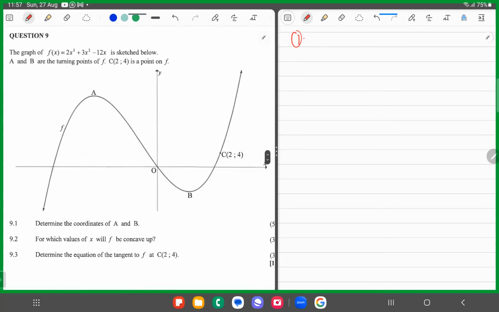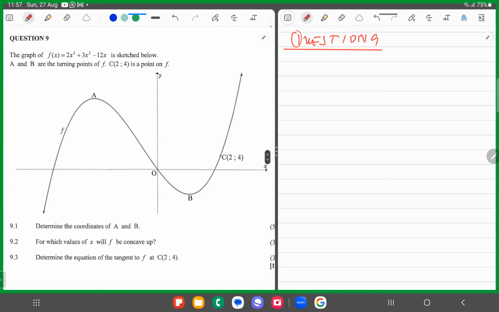So question 9. Question 9 now is based on the graph of the cubic function, this one. F of x equals 2x cubed plus 3x squared minus 12x. This graph is sketched below.